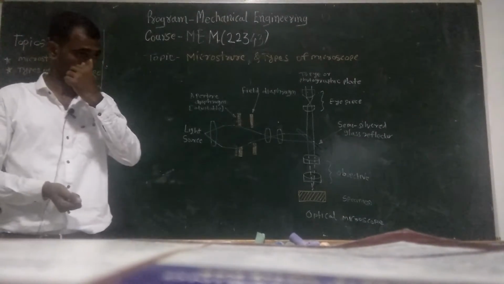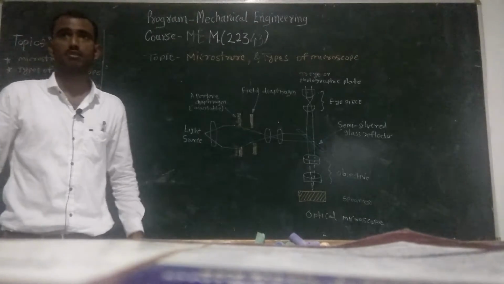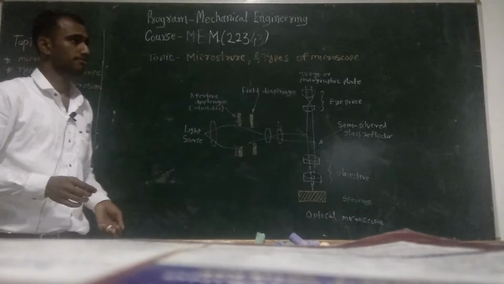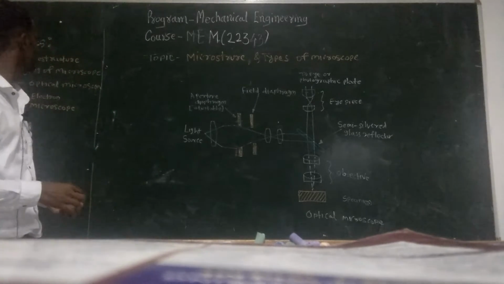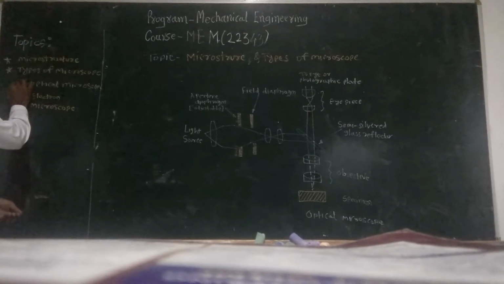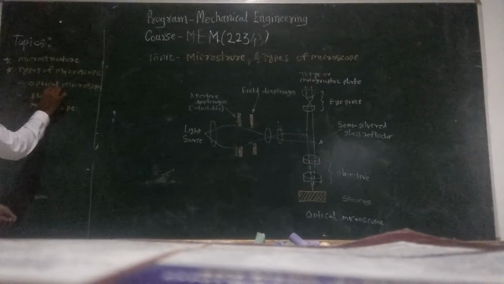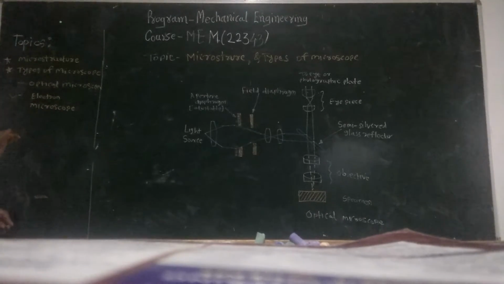Now, in this lecture, we are going to discuss a new topic of Unit 1, that is microstructure and types of microscope. In that, we are going to learn two types of microscope, that is optical microscope and electron microscope.